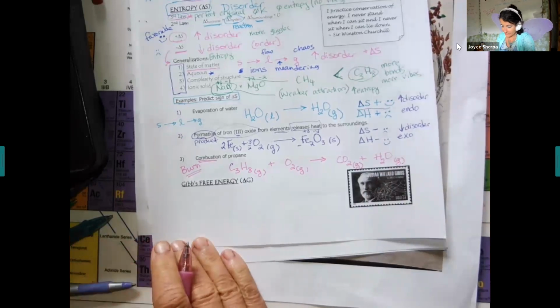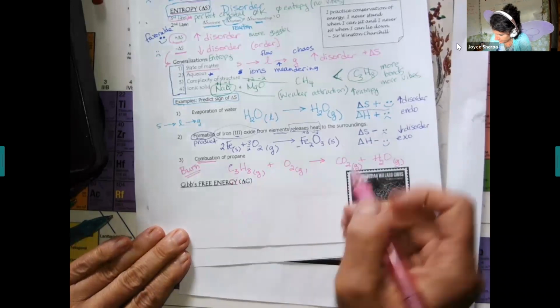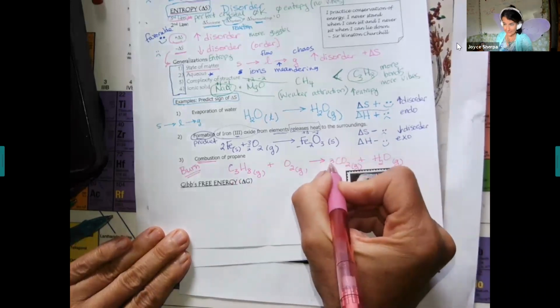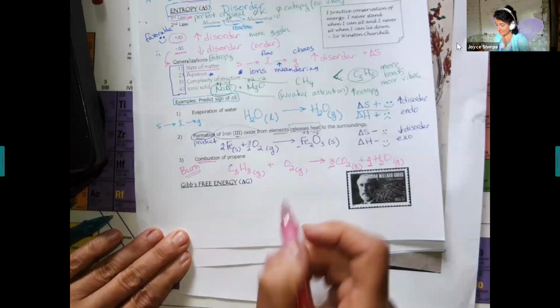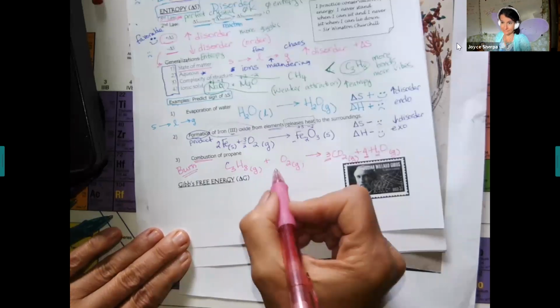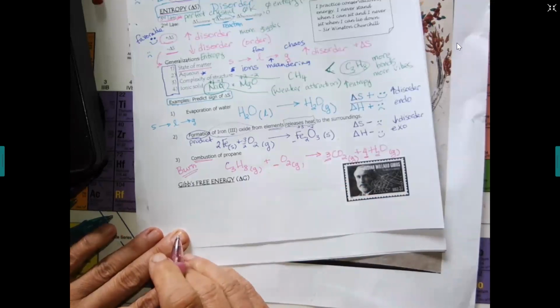All right, to balance, we have 3 carbons, so we're going to need a 3 in front of the CO2. We have 8 hydrogens, so we'll need a 4 in front of the H2O. So, what's the number that goes in front of the oxygen? 2? 5.